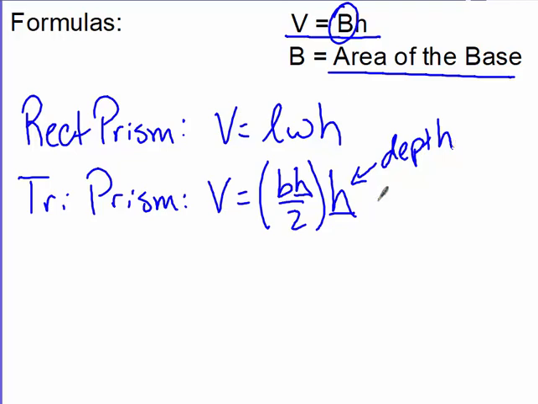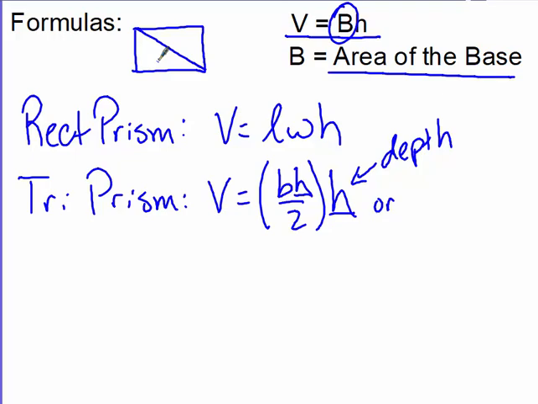Now, back when we looked at area, we looked at how a rectangle and a triangle are related to each other. And I know that if I have a rectangle of this size, its corresponding triangle is half of that size. Well, that also holds true when we have a rectangular and triangular prism.